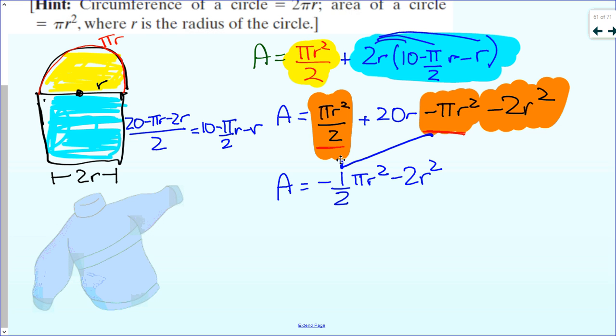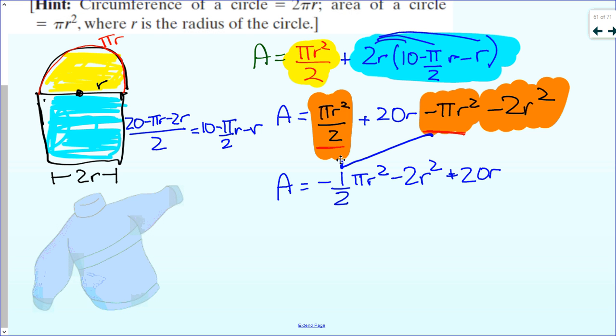So in order, and then plus 20r. In order to make a cohesive a value, again, the a value is the coefficient of the r squared, what we're going to have to do is factor out everything that is a coefficient of an r squared, and that'll give us an a value.